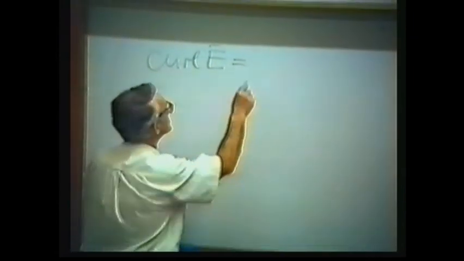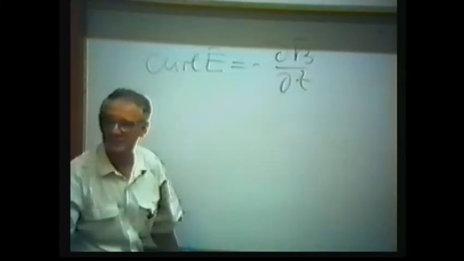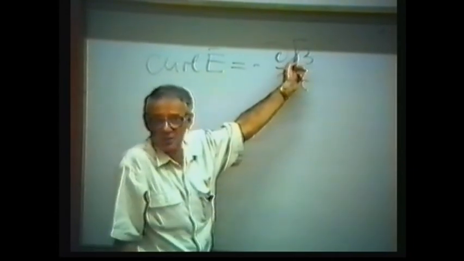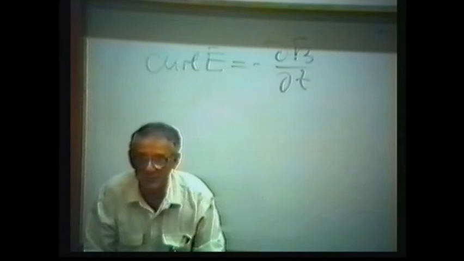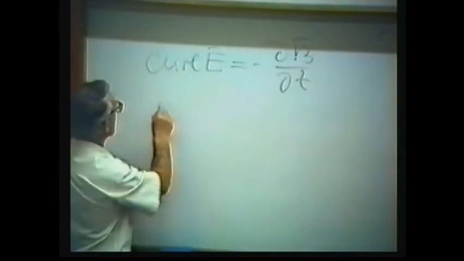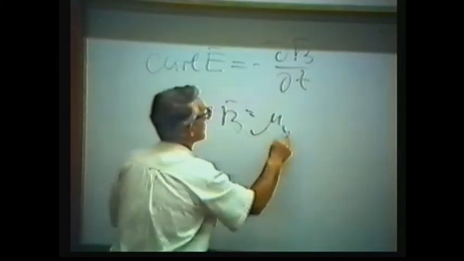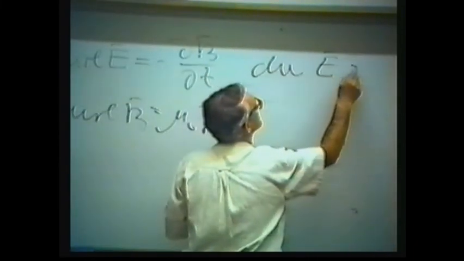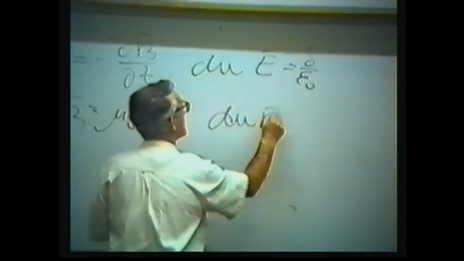Faraday's law tells: minus the rate of change of the magnetic field. If the magnetic field does not change with time, we are back to our constant electrical field. Correct? Now, still curl B equals mu naught J, divergence E equals delta over epsilon naught, the divergence of B equals 0.